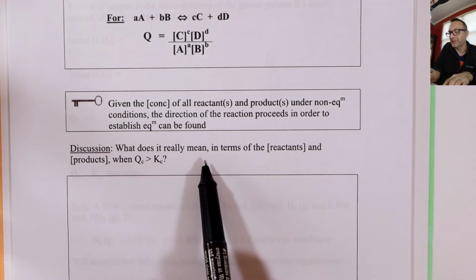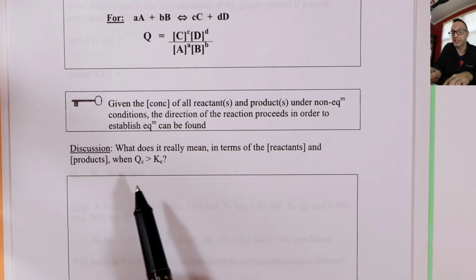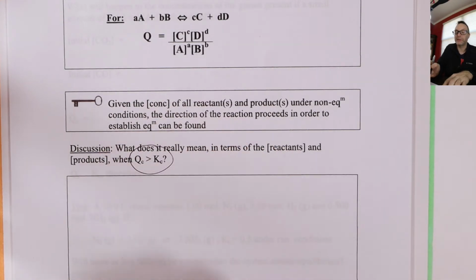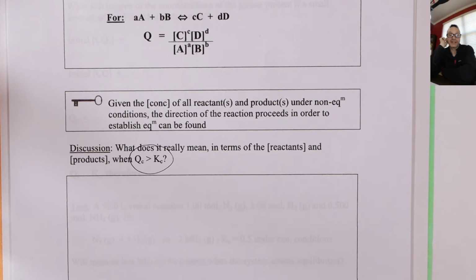What does it really mean in terms of reactant and product concentration when Q is bigger than K? Think about that for a second. The value of Q, products over reactants, at that point in the reaction is bigger than the value of K, the ratio of products over reactants at equilibrium. What does that mean?